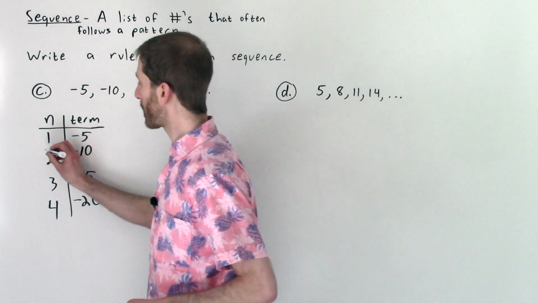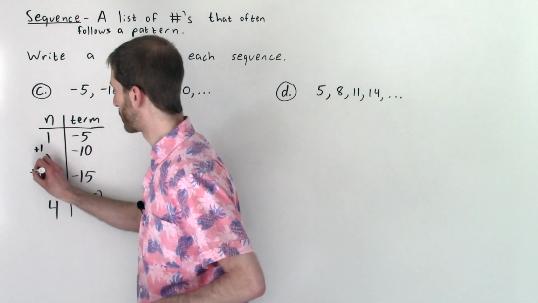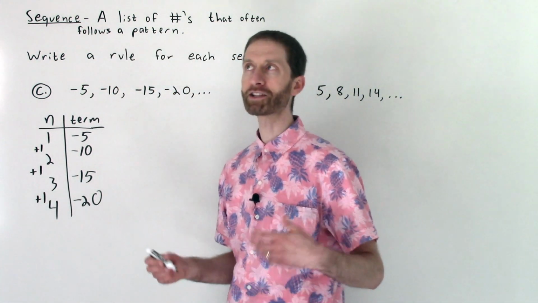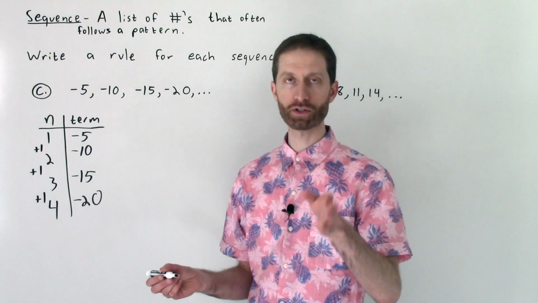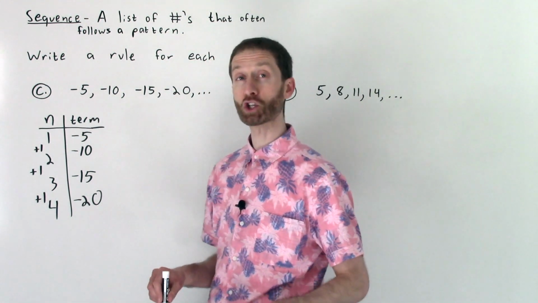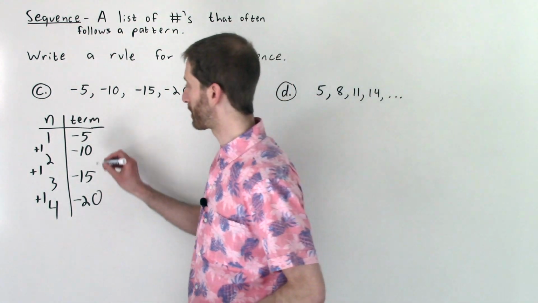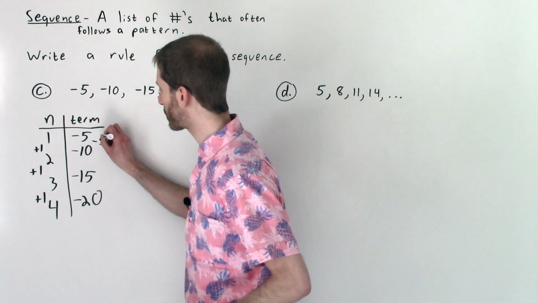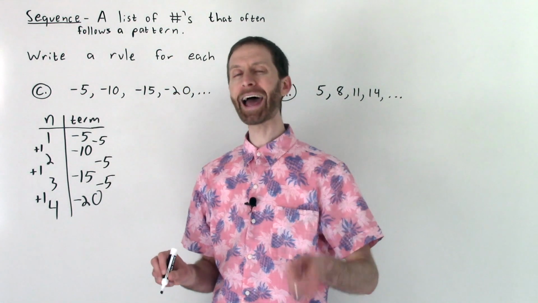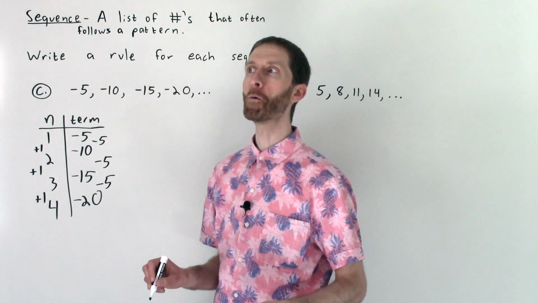So again, I'm going up by 1 every time that I go up in the n direction. And that's normal. In a sequence, you go up by 1. First term, second term, third term, fourth term. However, on the right-hand side here, we are actually going down by 5. So you could look at that as subtraction of 5, or repeatedly adding a negative 5.